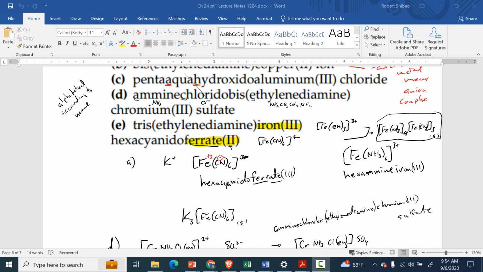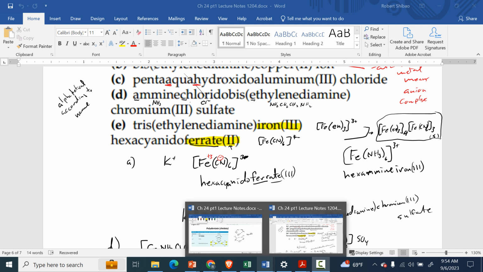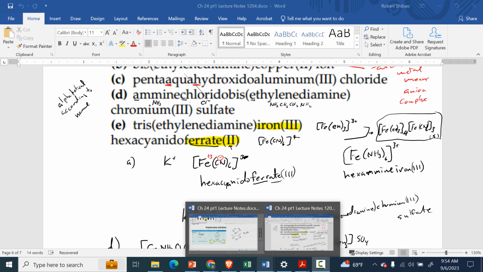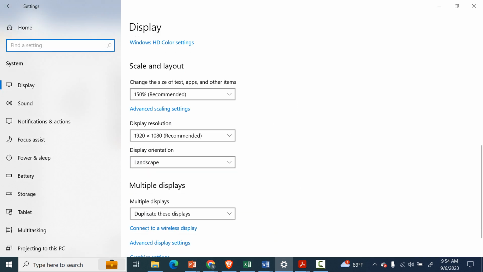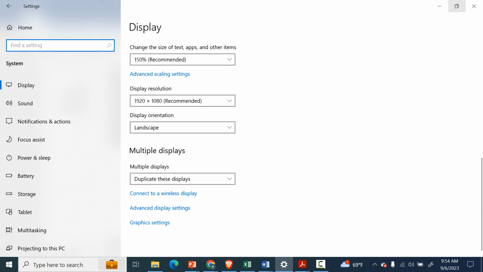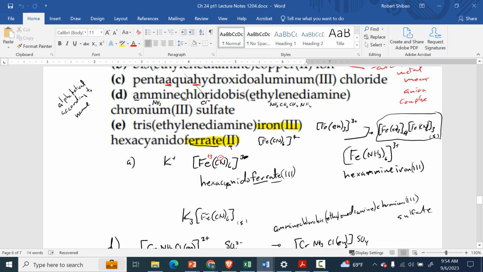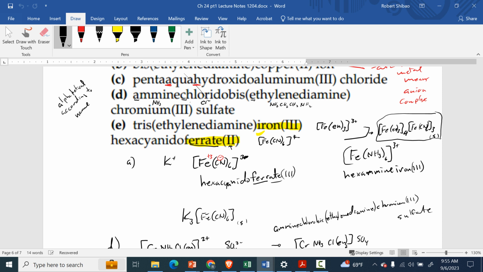So you see there, in this particular problem, there are two ways of naming iron here. We have the normal way, which is just iron.